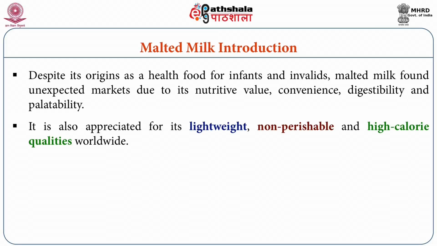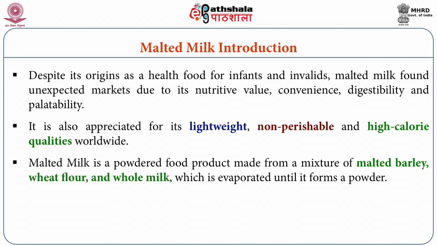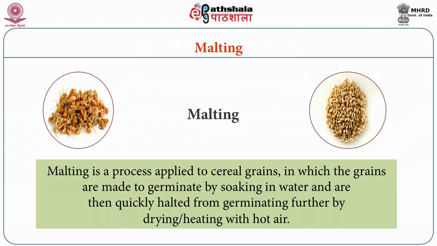Malted milk is a powdered food product made from a mixture of malted barley, wheat flour and whole milk, which is evaporated until it forms a powder. Malted milk food involves use of malted barley. To manufacture malted barley, malting is a very important step. It is also known as germination.